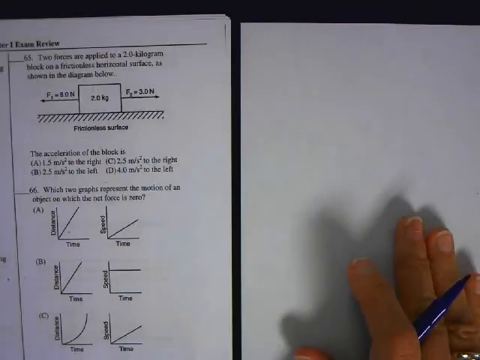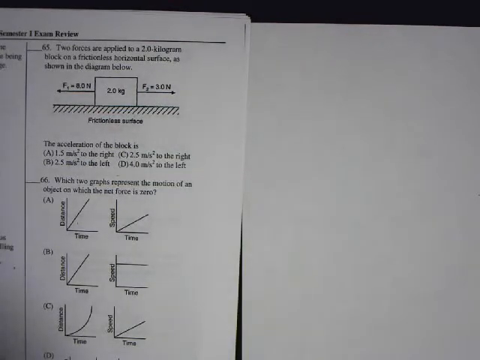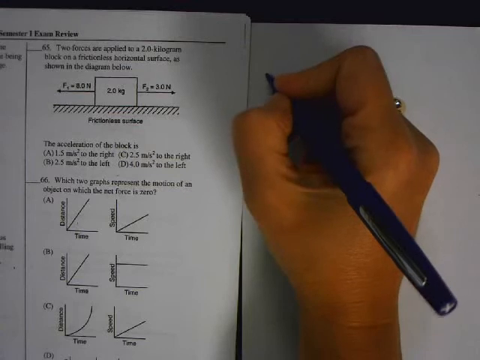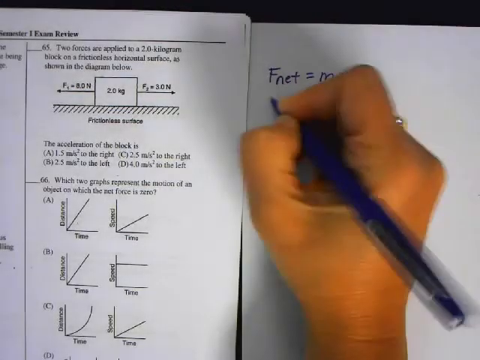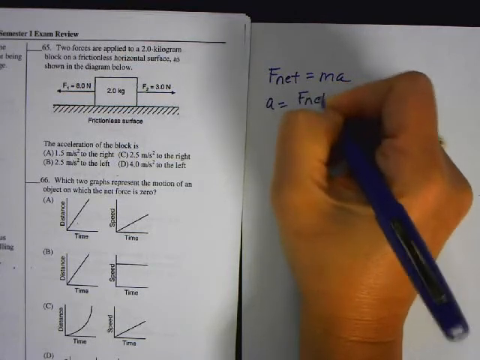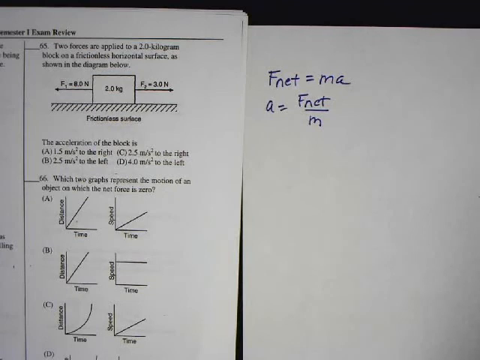Number 65. Two forces are applied to a 2 kilogram block on a frictionless horizontal surface as shown in the diagram. The acceleration of the block is, so Newton's second law says F net is equal to ma. So a is going to be F net over m. But I have to look at this and get the net force.